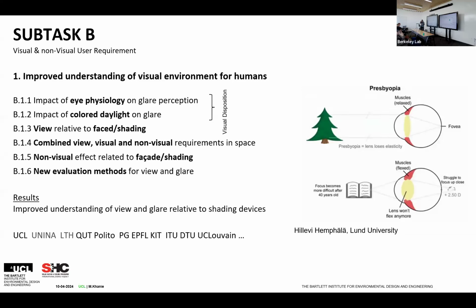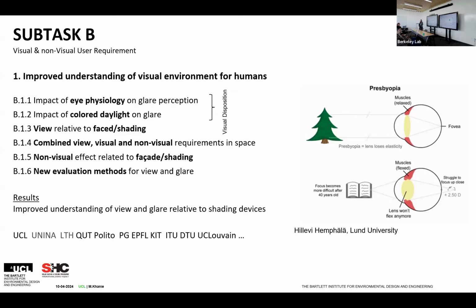So the activities that we have under this subtask, I'm always confused with that, partially relate to understanding the visual system, the visual disposition, the differences that we have.